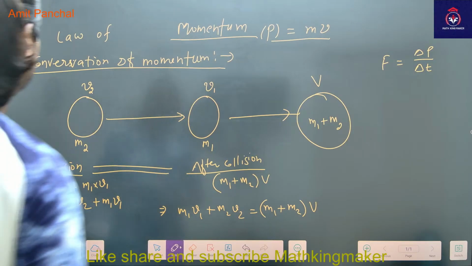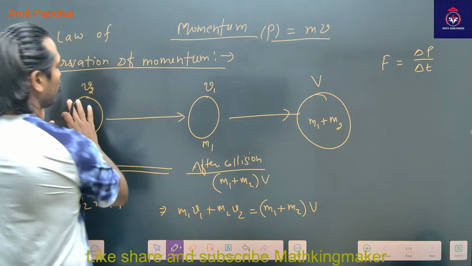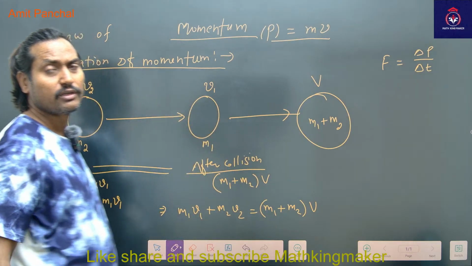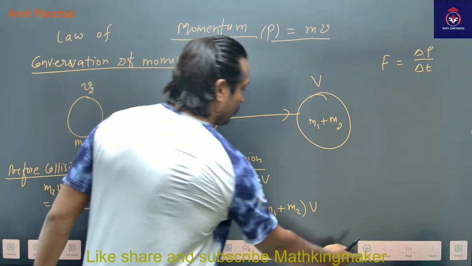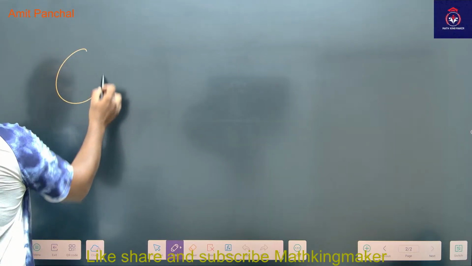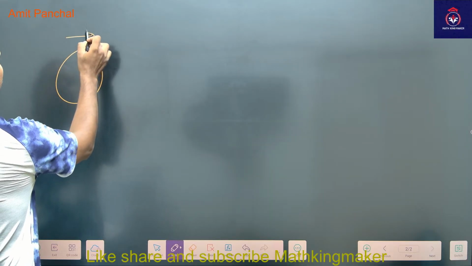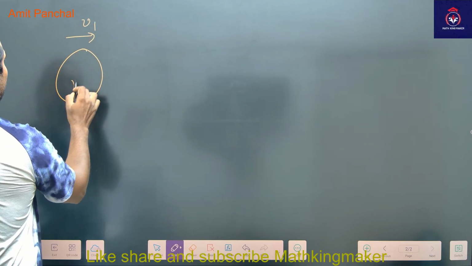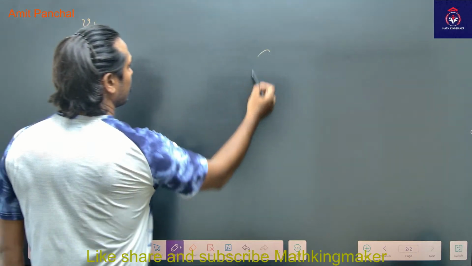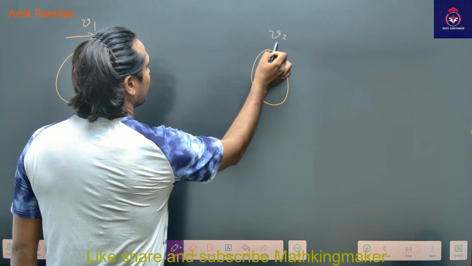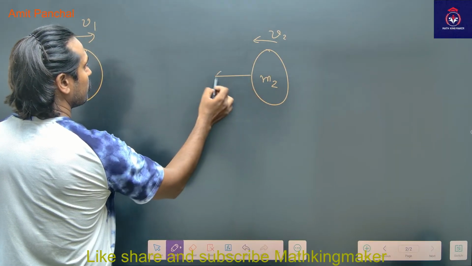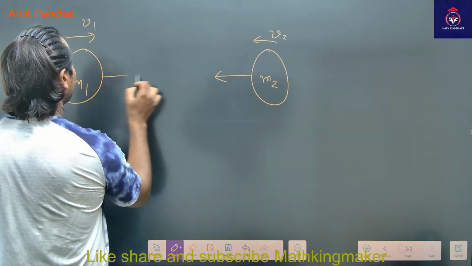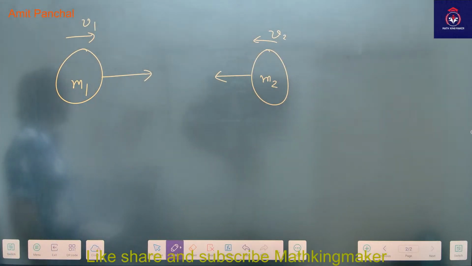This was the situation in which both bodies are moving in the same direction. There may be a situation where the bodies are moving towards each other. Let us say this body is moving with v1 velocity, and this body is moving with v2 velocity, its mass is m2, moving towards m1, and m1 is moving towards m2.